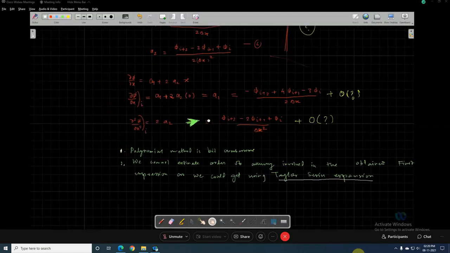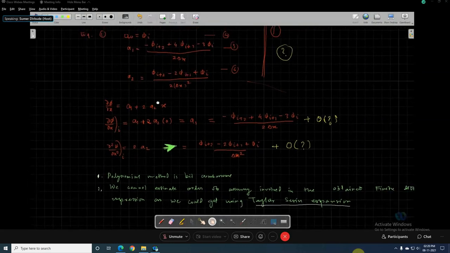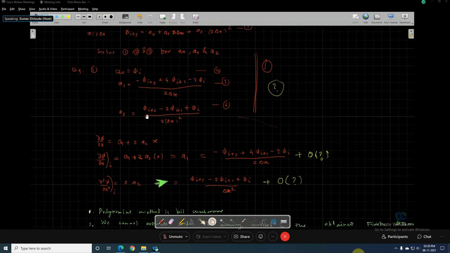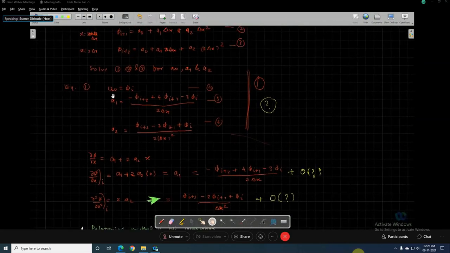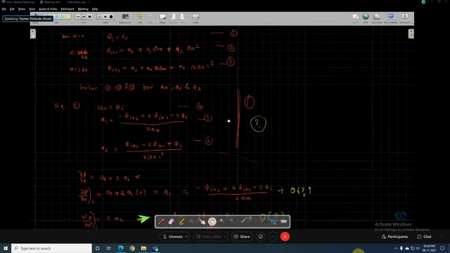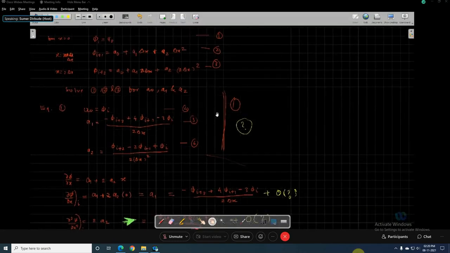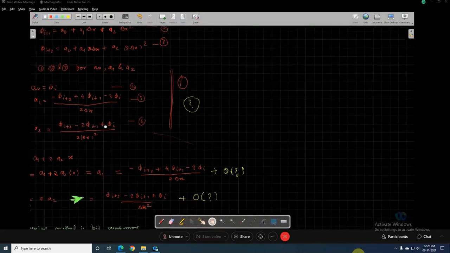You may be asked to derive some derivatives using these polynomials, so practice this. Practice how to get this A naught, A1, A2 from these three equations. It is a little cumbersome process. It needs a little concentration. Then you can get that answer.